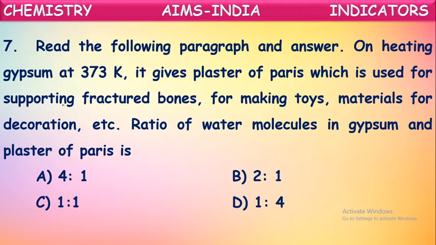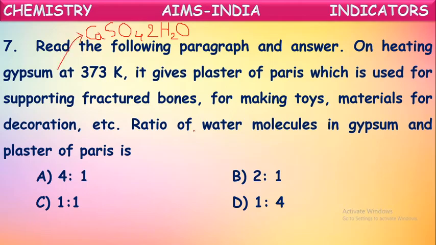Now, if you see gypsum, it has the formula CaSO4, 2H2O, means each molecule of gypsum contains two water molecules. So there is a formula of gypsum.